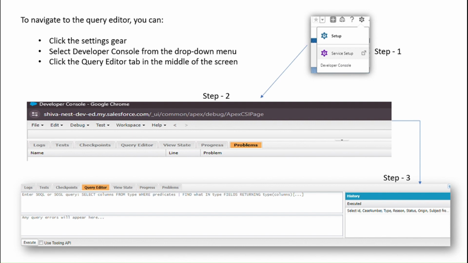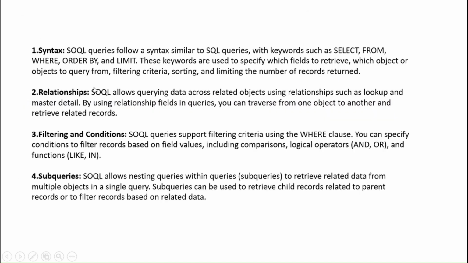Then you will see the Query Editor tab in the middle of the screen, at the bottom of the page of the developer console. Using the query editor, we write the SOQL code. Okay.